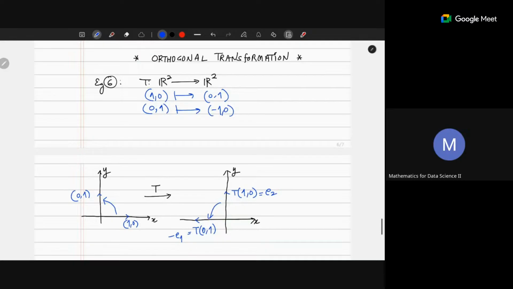So this was the geometric interpretation of this map. Now let me come back to what this map actually does. What is the expression of T(x, y)? Can you guys tell me?